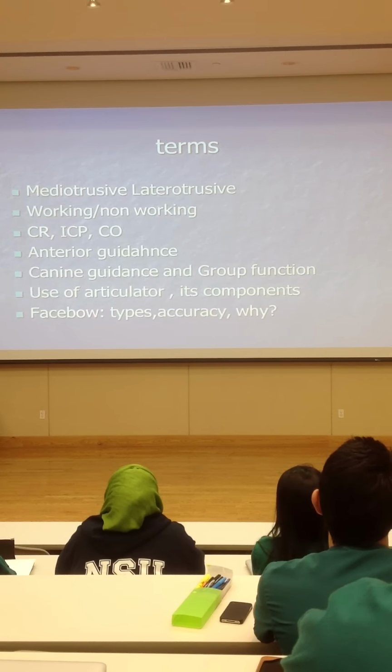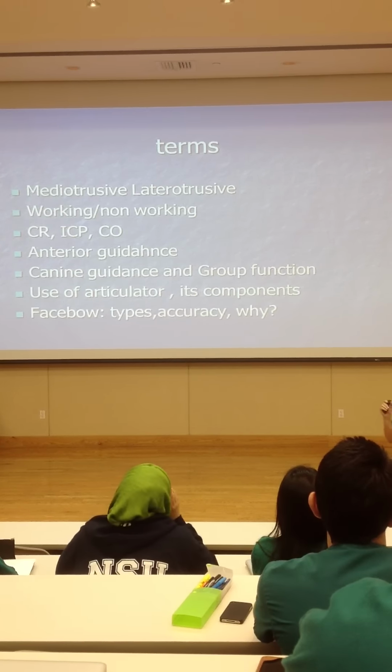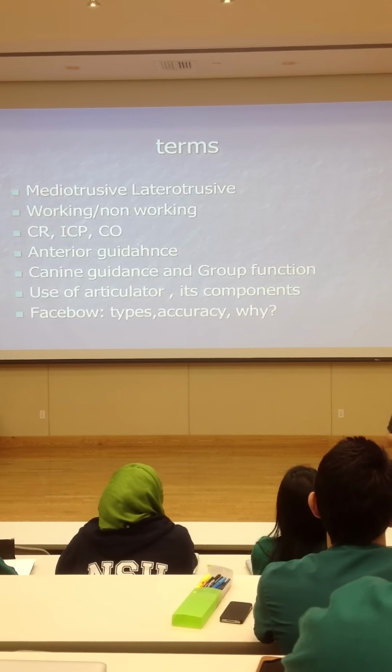Why do we use retruded contact position versus centric occlusion? What happens when ICP and retruded contact position are the same? Are they the same? What portion of the population is the same?